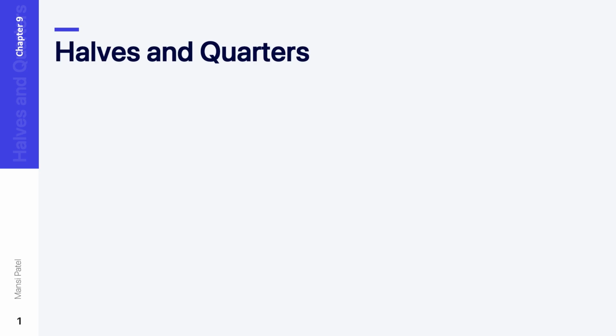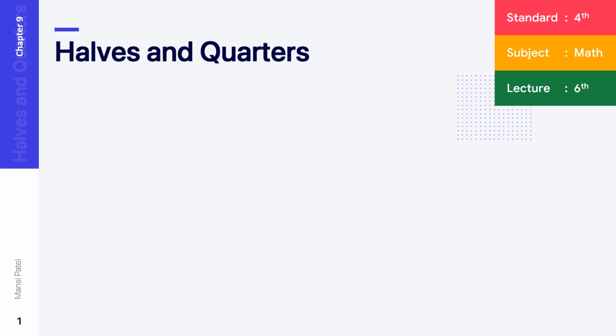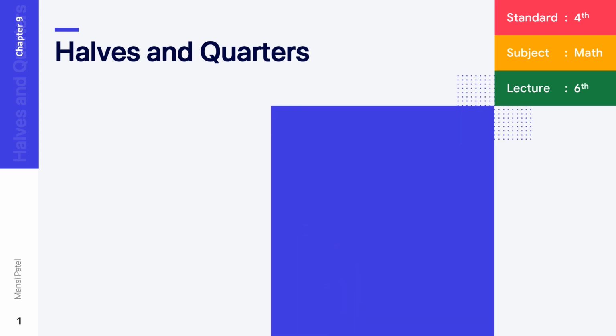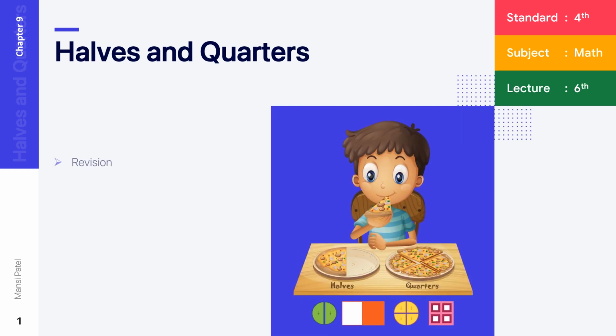Welcome to you all in today's sixth online session of chapter number 9. The name of our chapter number 9 is Halves and Quarters. Today we are going to revise some of the topics that we already studied in our previous session.